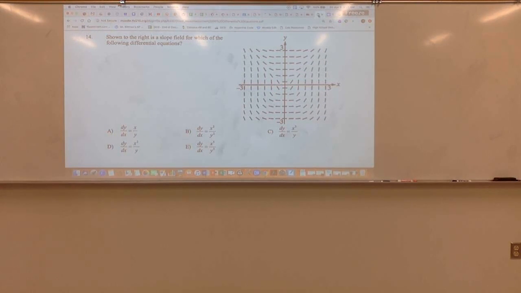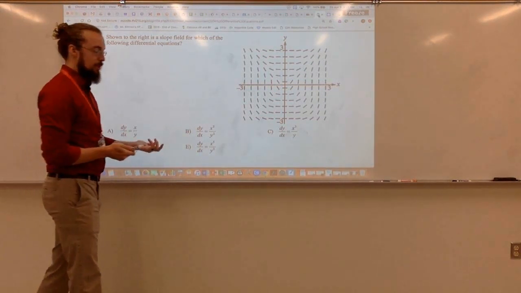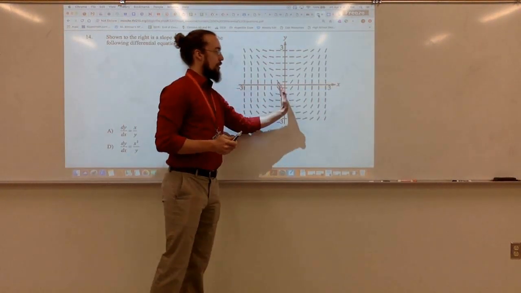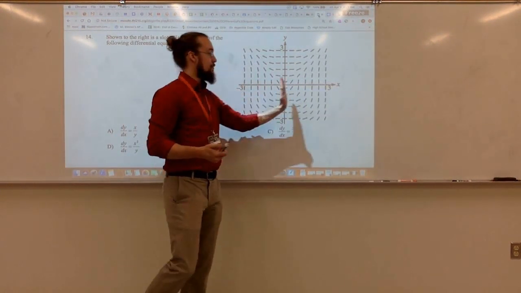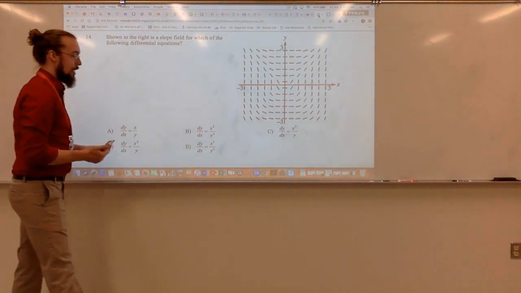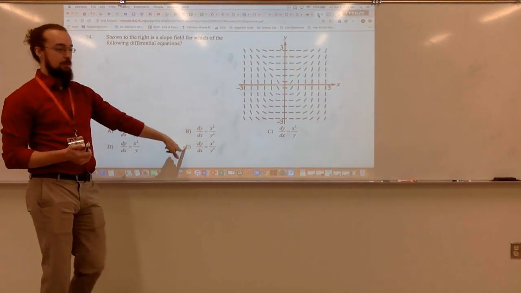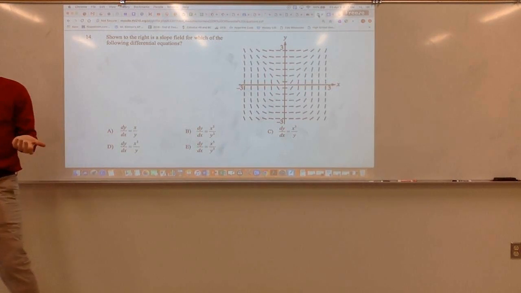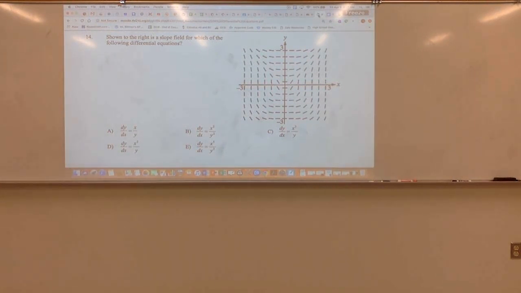If the sign of y doesn't matter, then y will have to be squared. So, if everything where x is positive has a positive slope, and everything where x is negative has a negative slope, it would have to be an odd pattern. Right? So, I think E would be our answer. See, I got it down to 2. Does that logic make some sense?